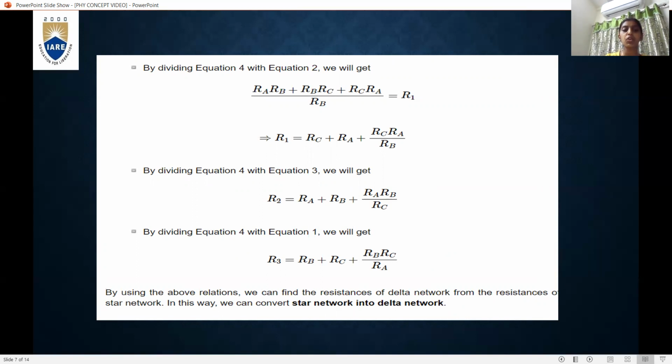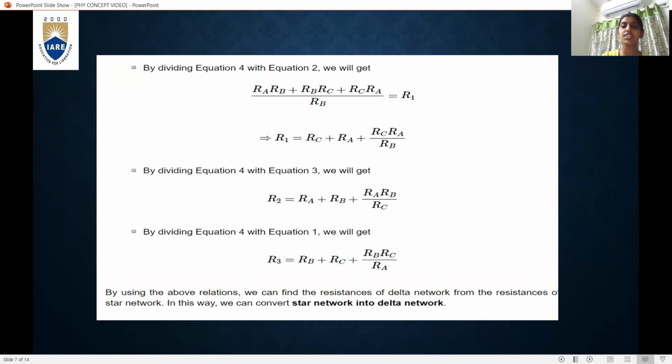And in the next step, you're going to divide equation 4 with equation 1. So similarly as the above equation, how you solved, in the same way we are going to solve and derive R3. R3 is equal to RB plus RC plus RC by RA. So in this slide, we'll know that we are going to divide equation 4 with all the three equations.